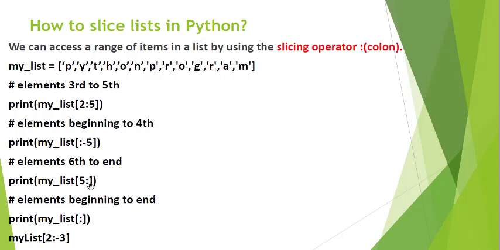And here there's 5 colon, that means after the 5, it has to start from the sixth element and go up to the end, exactly, because there's no end mentioned. Now if you say only colon, that means all the elements, because there's no mention at the beginning and no mention at the end. And so on.